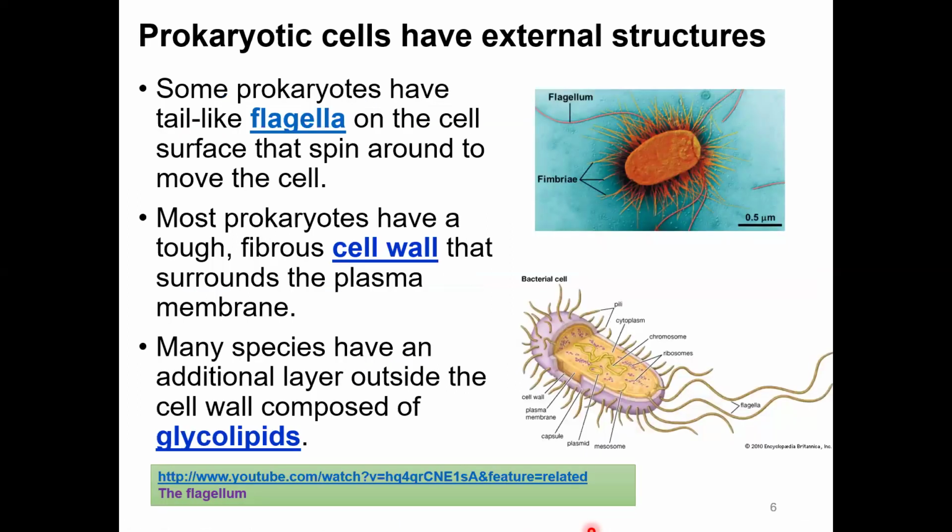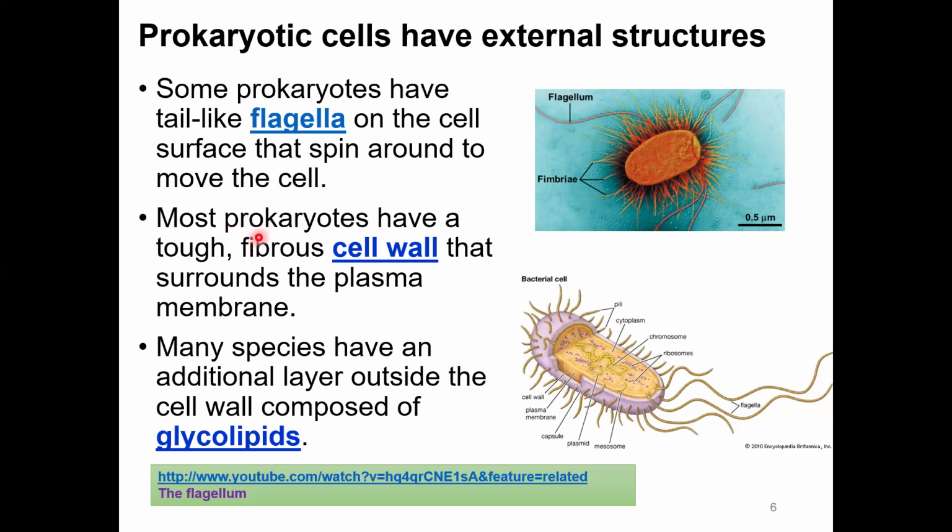So with prokaryotes, there are also some external structures. Some of them have a tail-like flagella. So that's like this structure here, which allows the cell to move by spinning around.